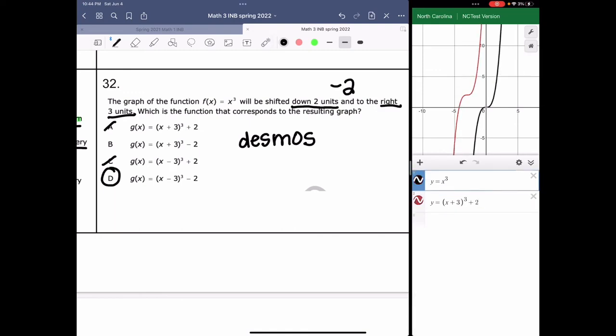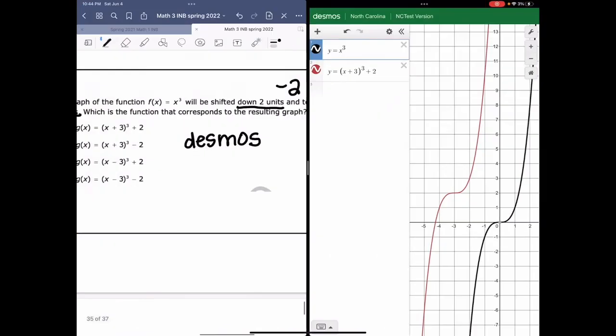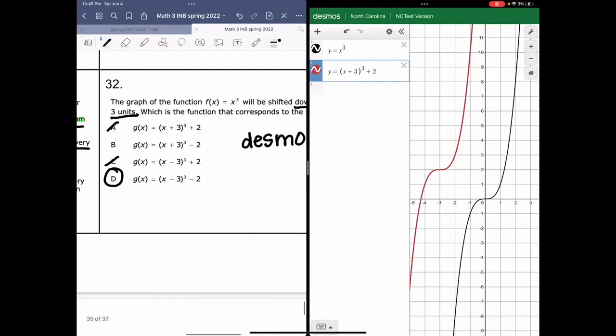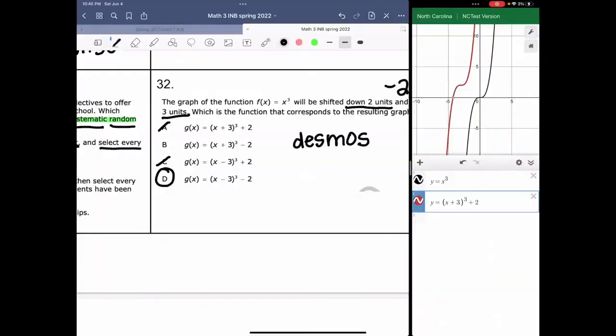Looking at my pieces, I start at 0, 0, and this point right here is at negative 3 and 2. So this one went to the left and up 2. So that's not going to work. You could check every single one until you see that D goes down 2 and right 3.